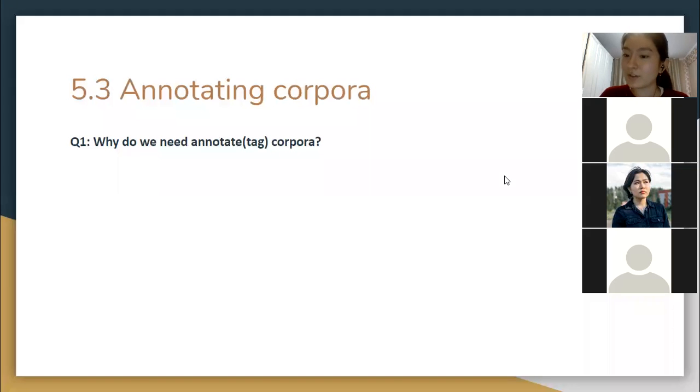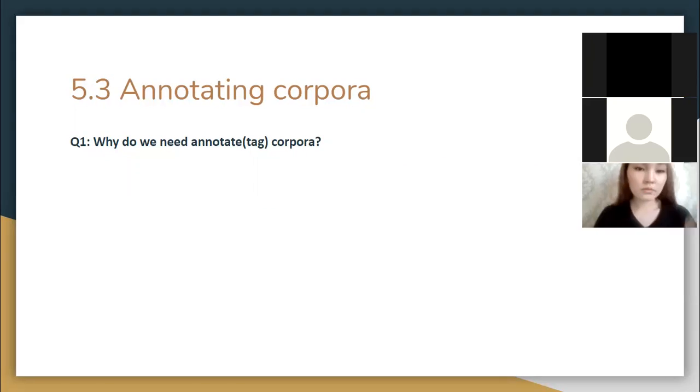Can I also add? As we say that corpus linguistics is based on machine research, machines do the work. Using machines, yes. So it means that they cannot distinguish or input the information themselves.